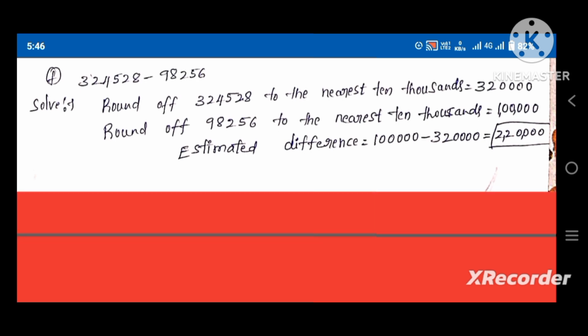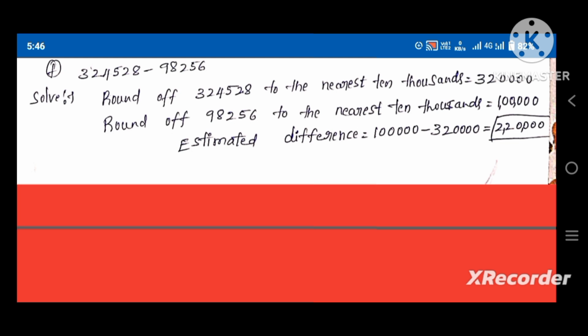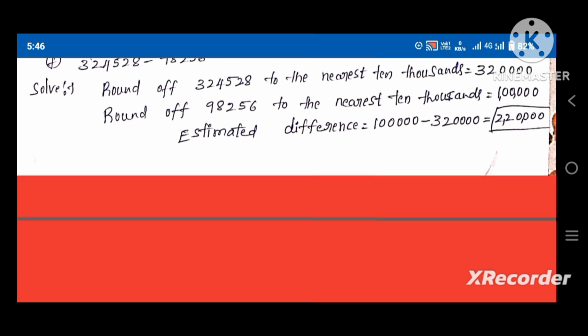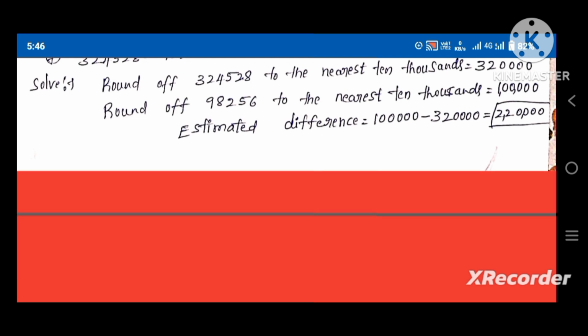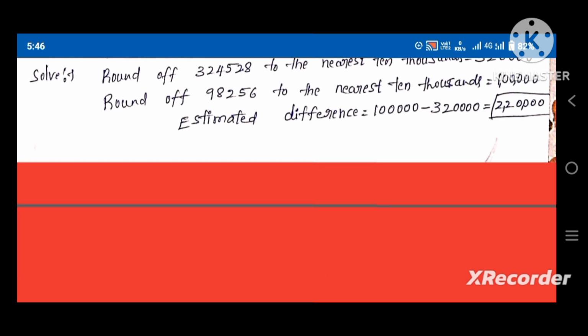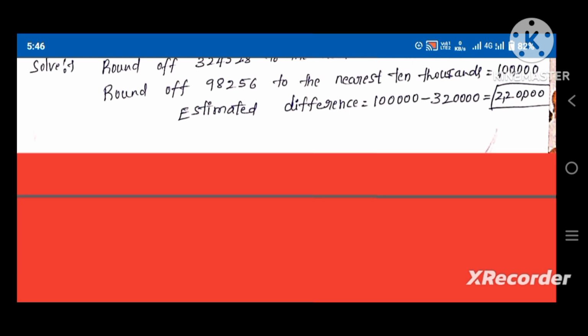Estimated difference is equal to 3,20,000 minus 1 lakh is equal to 2,20,000.